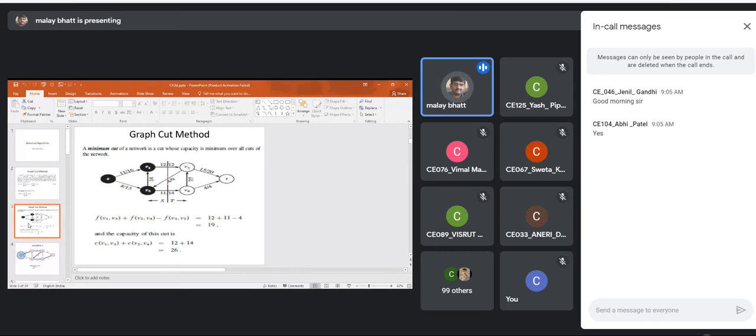So the flow value across this cut: we are considering the flow value from V1 to V3, which is 12. That is the outflow from the cut.